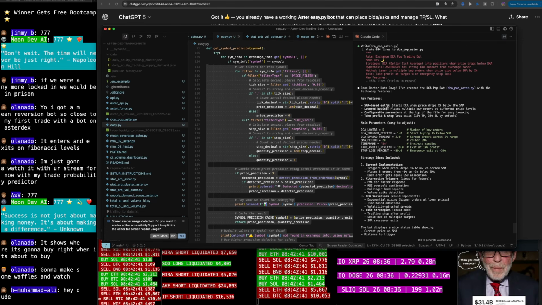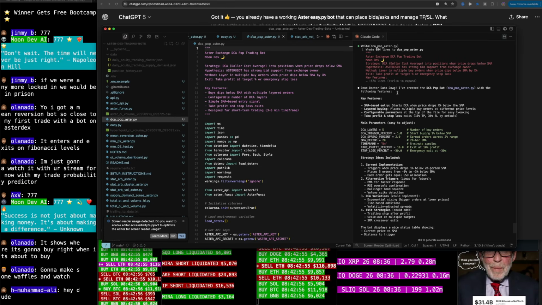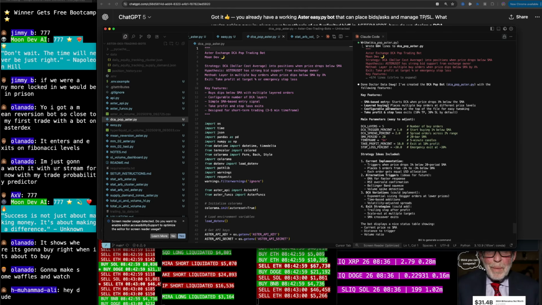So done. DCA pop Aster with the following features. Okay, so the SMA based entry. Let's go look at it. DCA pop Aster. Damn, it just codes things too fast these days, dude. 4 minutes in and I'm already done. It's just crazy. I've created the DCA pop bot with the following features. The SMA entry starts DCA when price drops X% below the SMA.